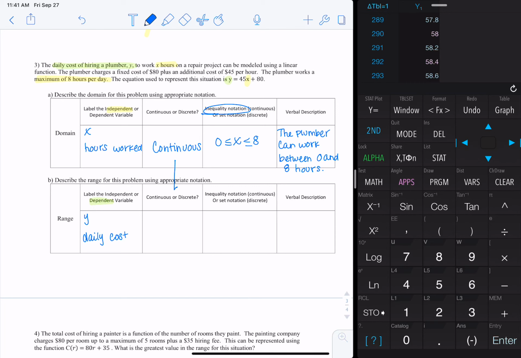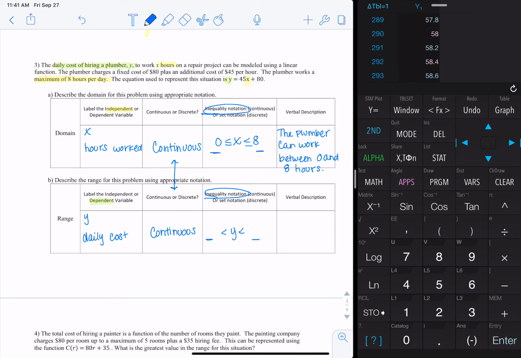If the domain is continuous, then the range is also continuous, which means you have to use inequality notation again. So all of our y values, the cost of the plumber, in order to figure out how much the plumber makes or how much I owe the plumber, I need to use my domain values to find the range values. Remember we talked about that?